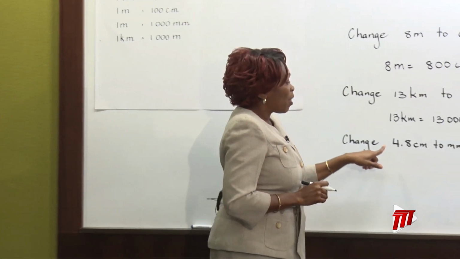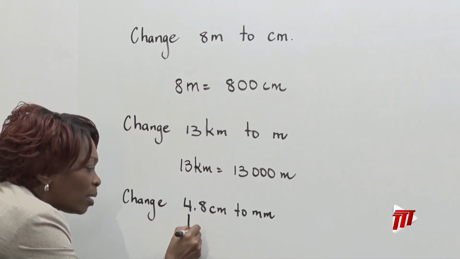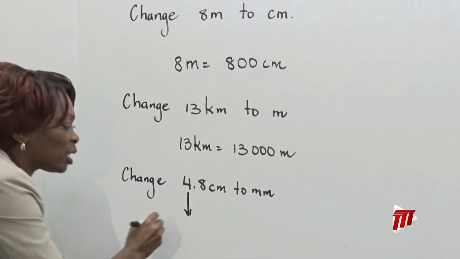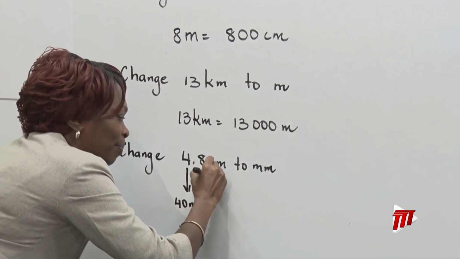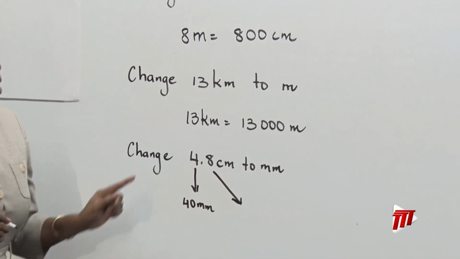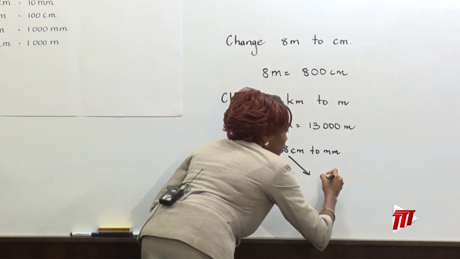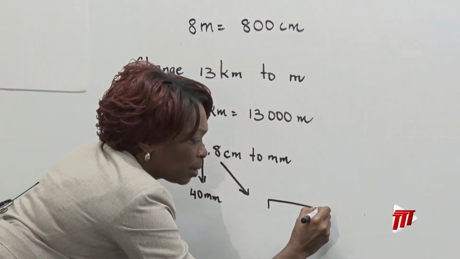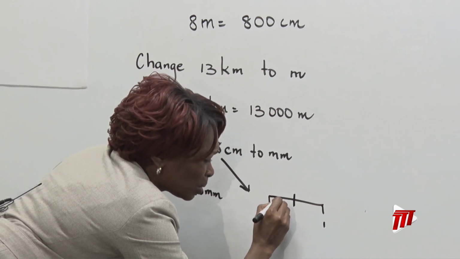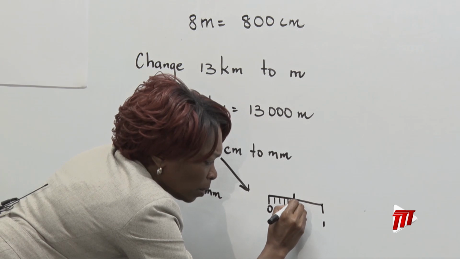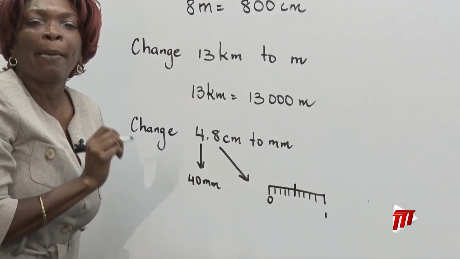Let's go. The 4 represents the whole. So we can say the 4 centimeters will give us 40 millimeters. This is the tricky part here. This 0.8, you can see it on a ruler. I'm going to draw it out for you to see now. Between 0 and 1, so I'm going to identify 0.8 for you now.